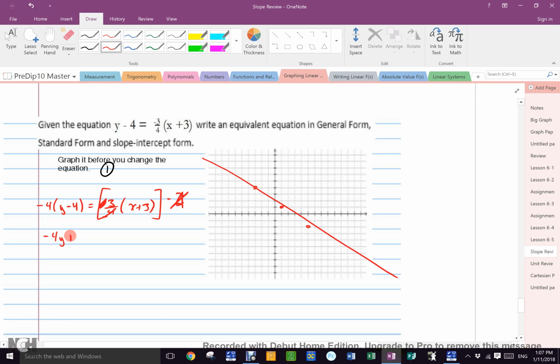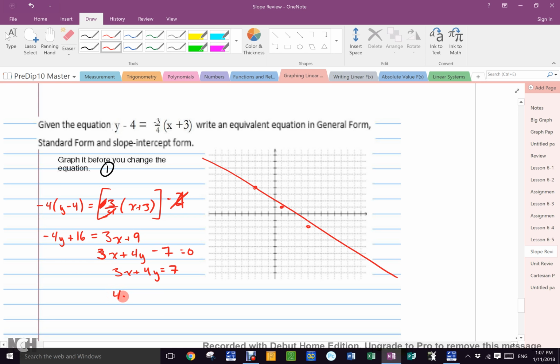Negative 4y plus 16 equals 3x plus 9. Then I get everything on one side to get general form. 3x plus 4y minus 7 equals 0. And then I do 3x plus 4y equals 7.